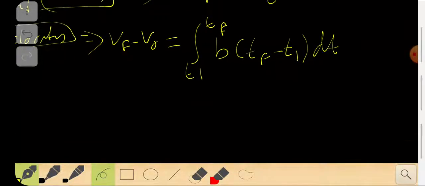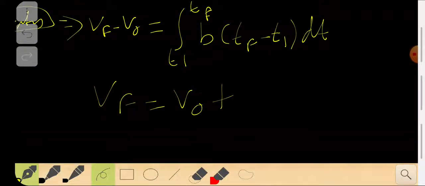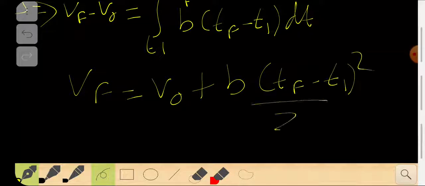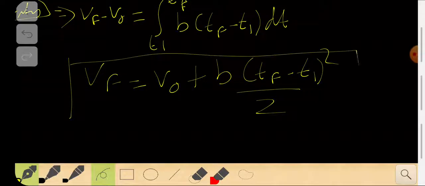So you can write down that v final will be equal to v0 plus integral of that will be b times tf minus t1 the whole square by 2, right? So that's the velocity right there.